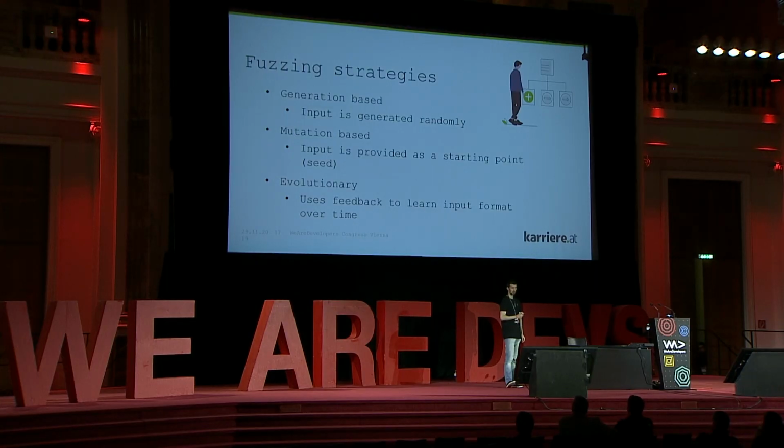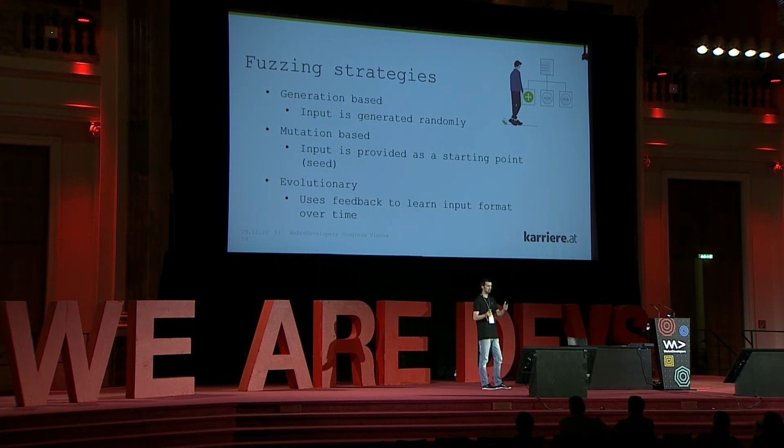So next thing we should talk about are fuzzing strategies. How does a fuzzer generate the input it's sending to the target? There's the generation-based approach, where the input is generated randomly from scratch.